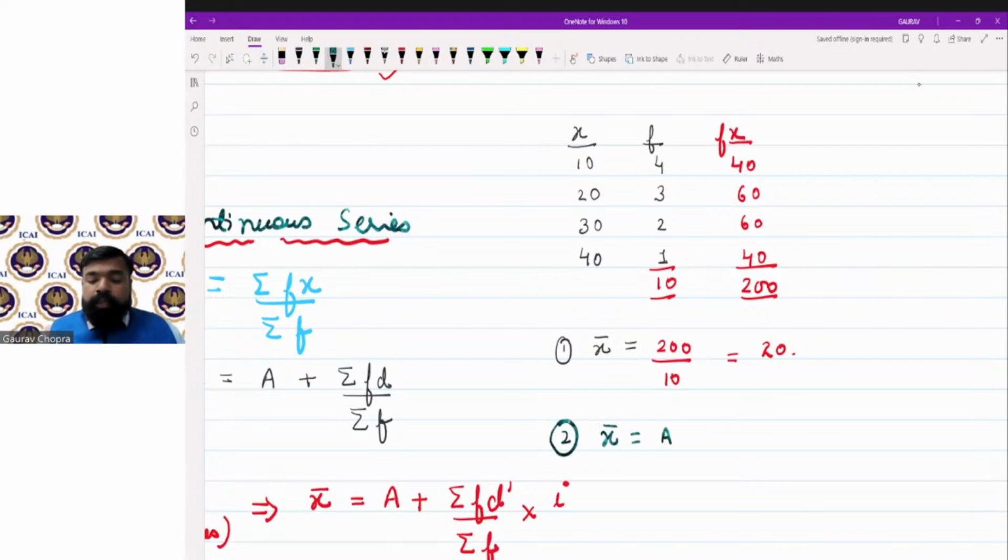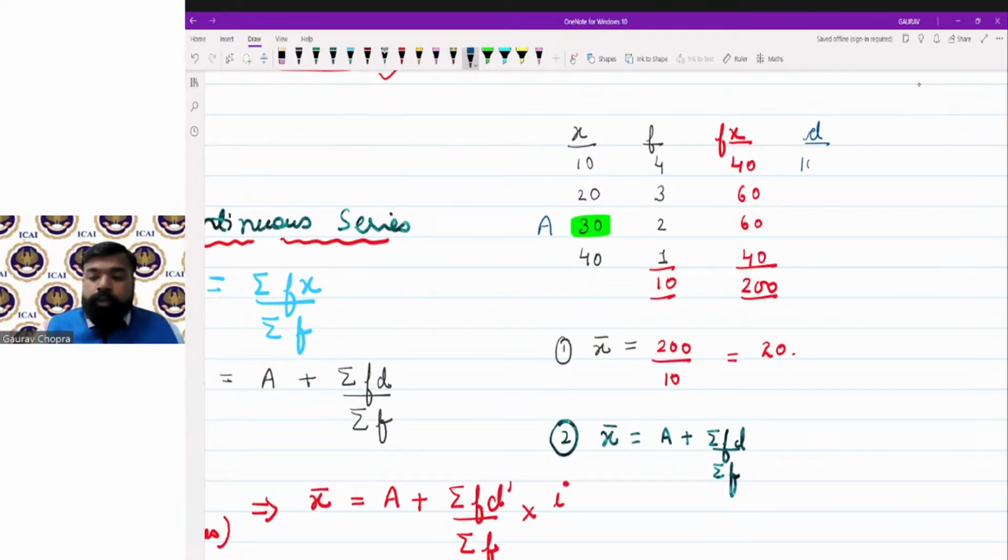For shortcut, x bar equal to A plus sigma FD upon sigma F. Now first of all, we have to assume any number. So let us assume 30. We can assume anything. This is A. Now we have to calculate D, that is deviation.